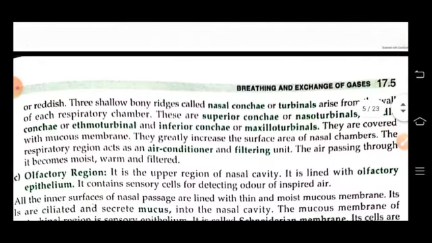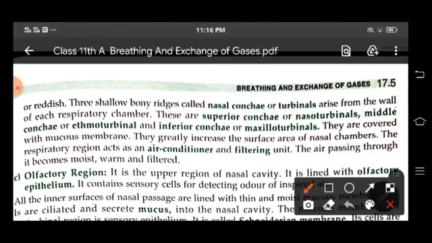Now three shallow bony ridges called nasal conchae or turbinals arise from the wall of each respiratory chamber. These are the superior conchae or nasoturbinals, middle conchae or ethmoturbinals, and inferior conchae or maxilloturbinals.